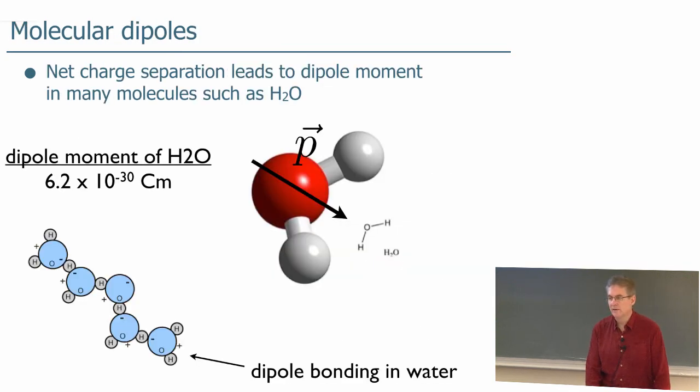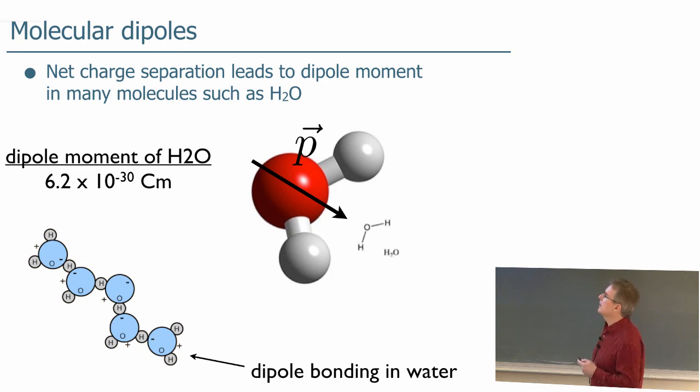Now, the way that electric dipoles arise on the molecular level is due to charge separation. You know that in a water molecule, oxygen and two hydrogens, the available energy level states for electrons in the oxygen tend to pull the electrons toward the oxygen and away from the hydrogen, leaving the hydrogen proton almost bare.